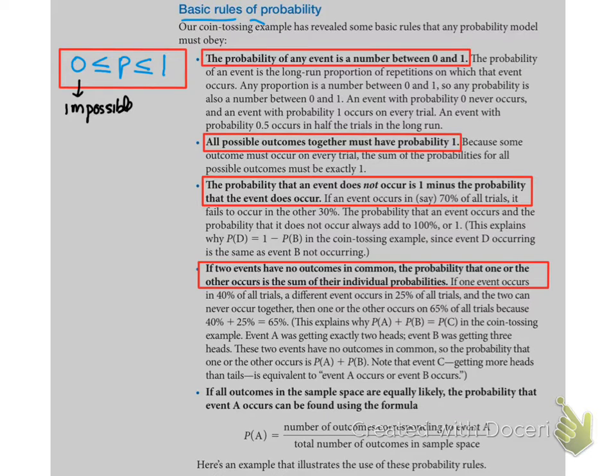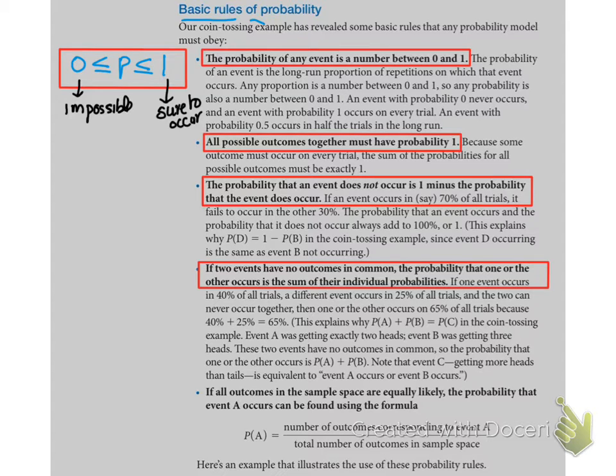When you talk about probability 1, it means it's certain, the event is sure to occur. And any other probability is between those.